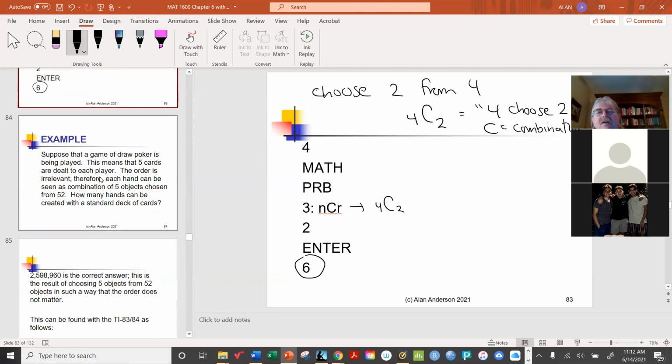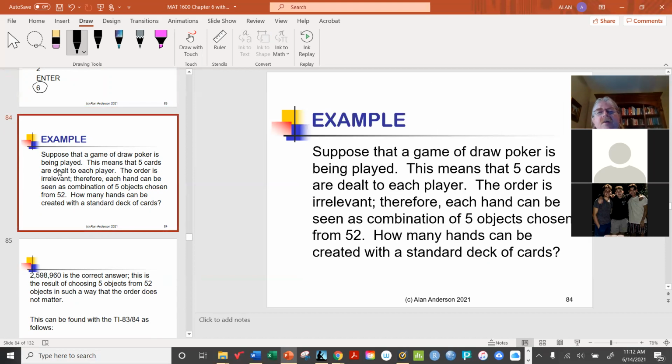All right, so now let's look at another quick example of combinations we can practice on our calculators. Another scenario where the order is irrelevant. We're choosing objects from a larger collection. Suppose that we're playing draw poker. Every player gets 5 cards. Now, the order of your cards does not make any difference.